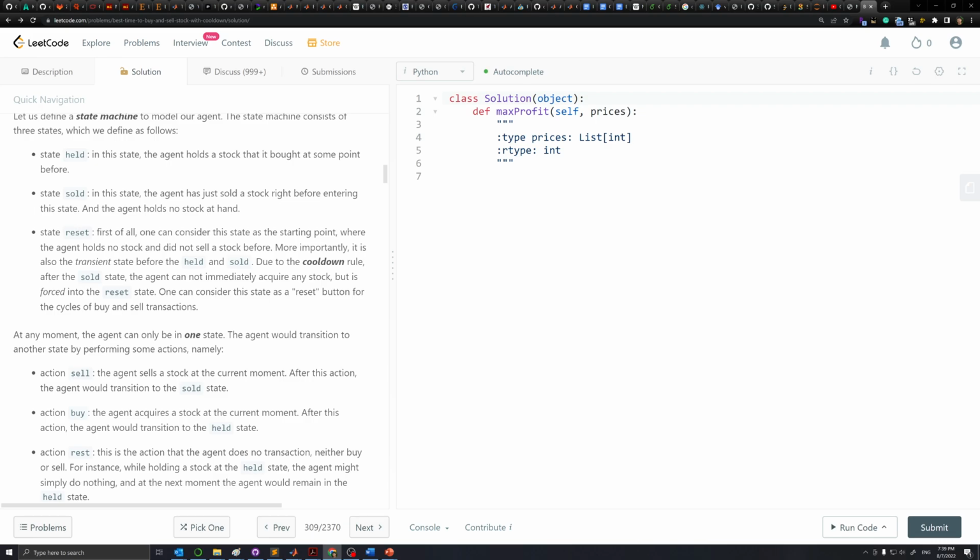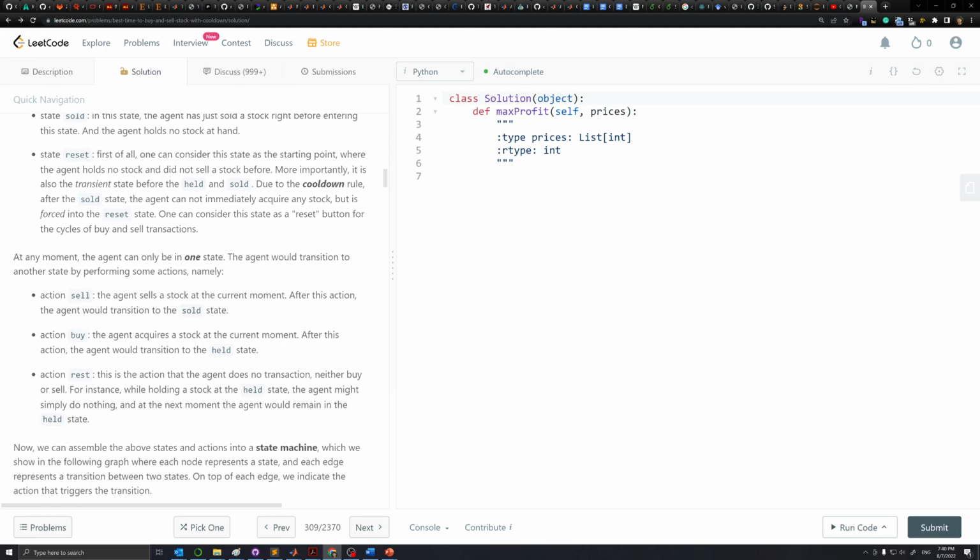Reset is where there's the cooldown. The agent holds no stock and did not sell a stock before. More importantly, it is also the transient state before held and sold. So it's the cooldown state. After the sold state, the agent can no longer immediately acquire any stock, but is forced into the reset state. Right, so reset is like the initial state or something like that.